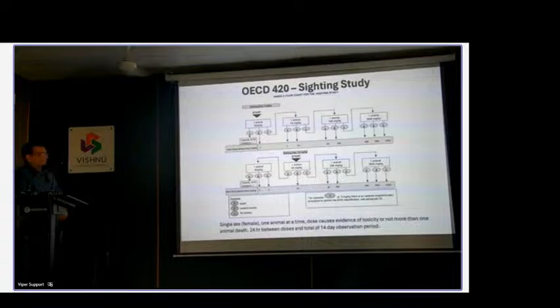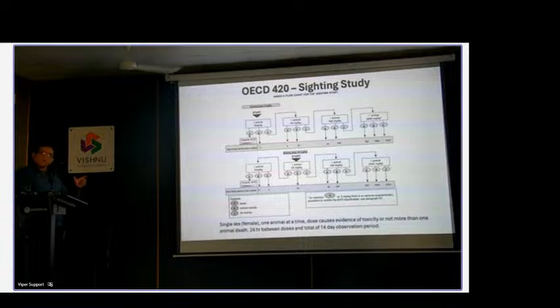You can use a single sex in the group, and the female is more sensitive based on the data. So female animals are generally used for these studies, one animal at a time. If the dose causes evidence of toxicity or not more than one animal death, you can continue.